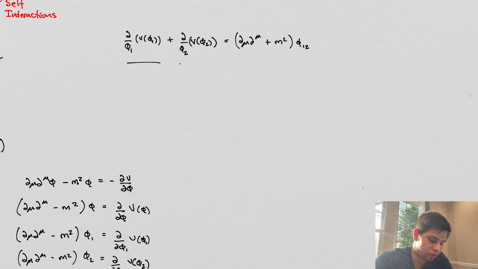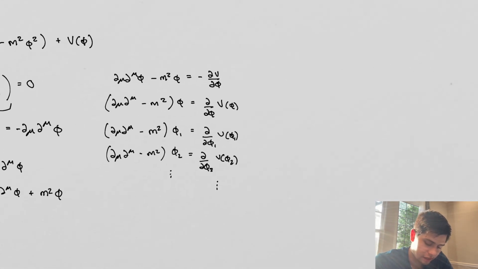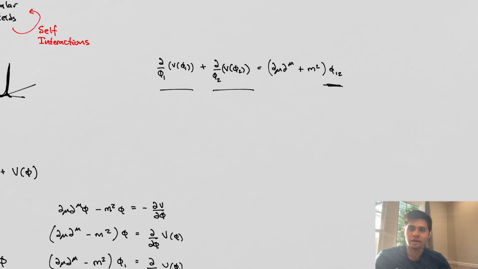So we can add up the potentials to give us a solution. Because again, if this is a solution to this equation of motion, and this is a solution also, we should be able to add them up and also have that work for our equation of motion. Okay.